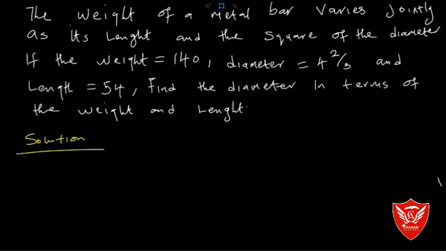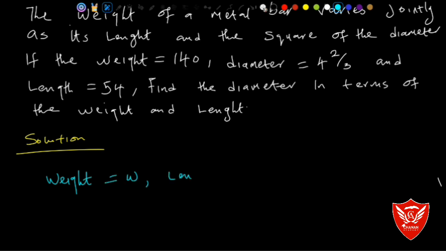Alright, so let's assume that weight is equal to W, the length is equal to L, and the diameter is equal to D. From the question we were told that the weight W varies jointly, which means both variations are direct variation.